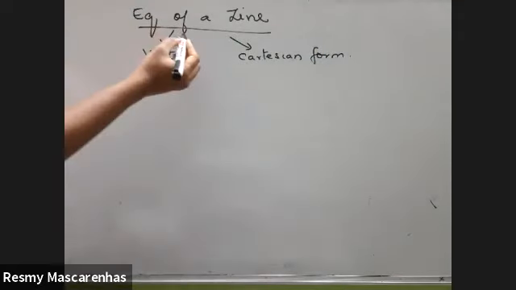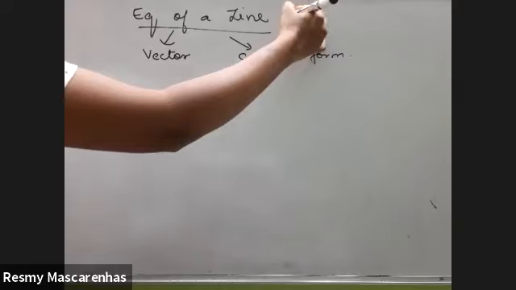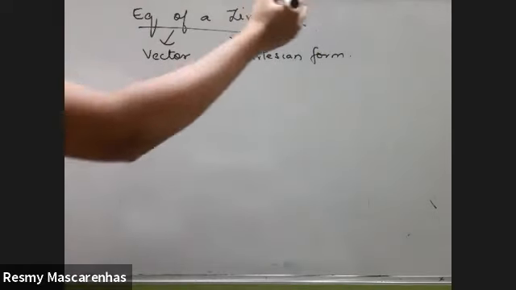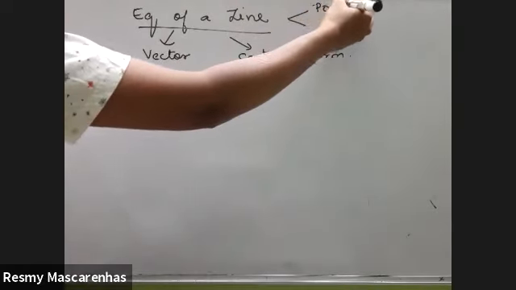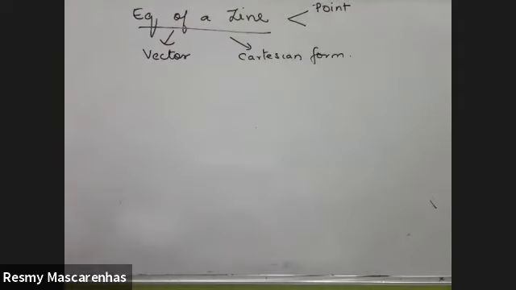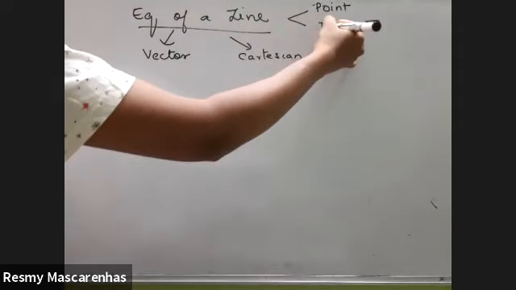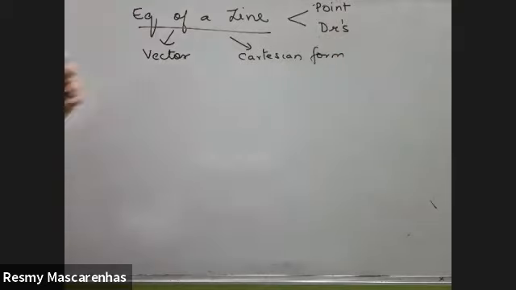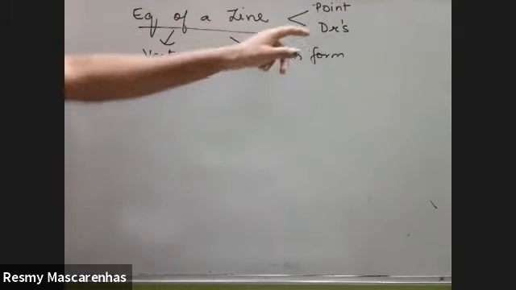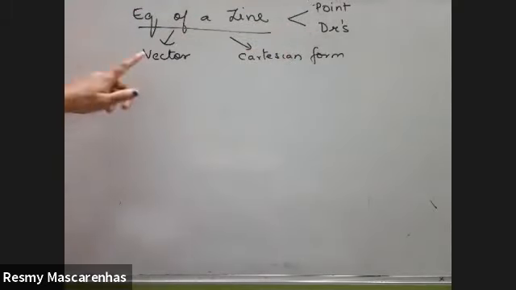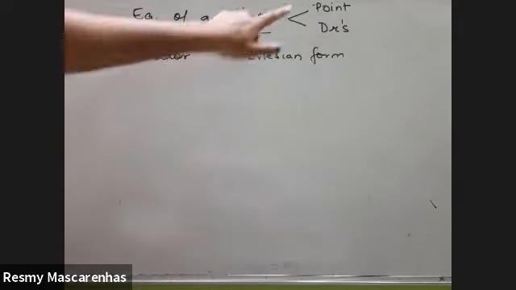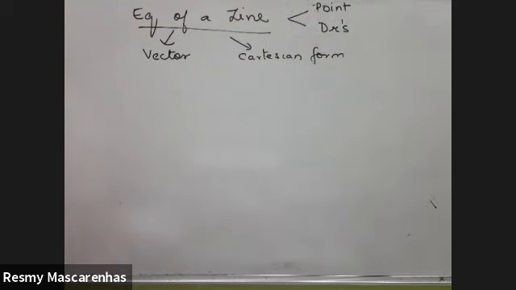In order to find the equation of a line, what are the two things you always need? One is a point, the coordinates of a point, and the other is the direction ratios. If you know these two, you can always find the equation of a line for both vector as well as Cartesian form. So point and direction ratios are required.